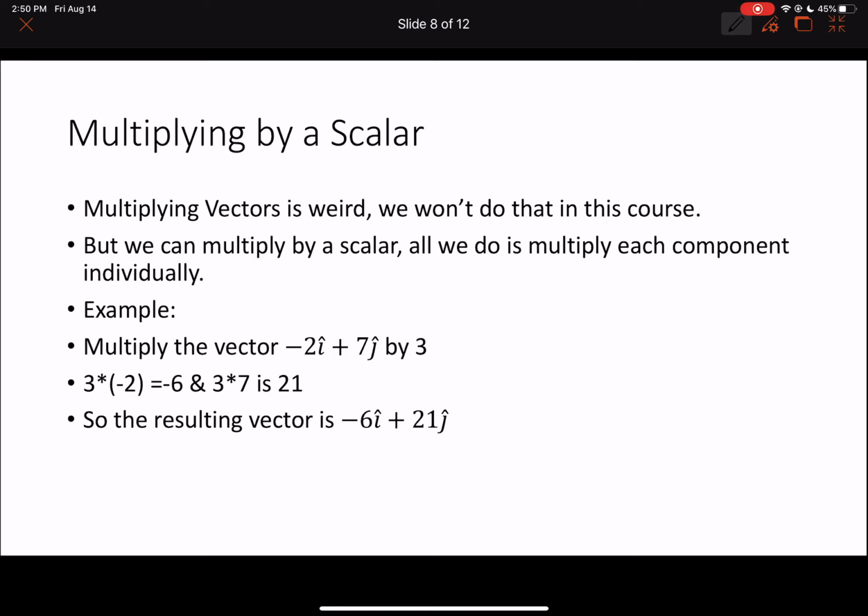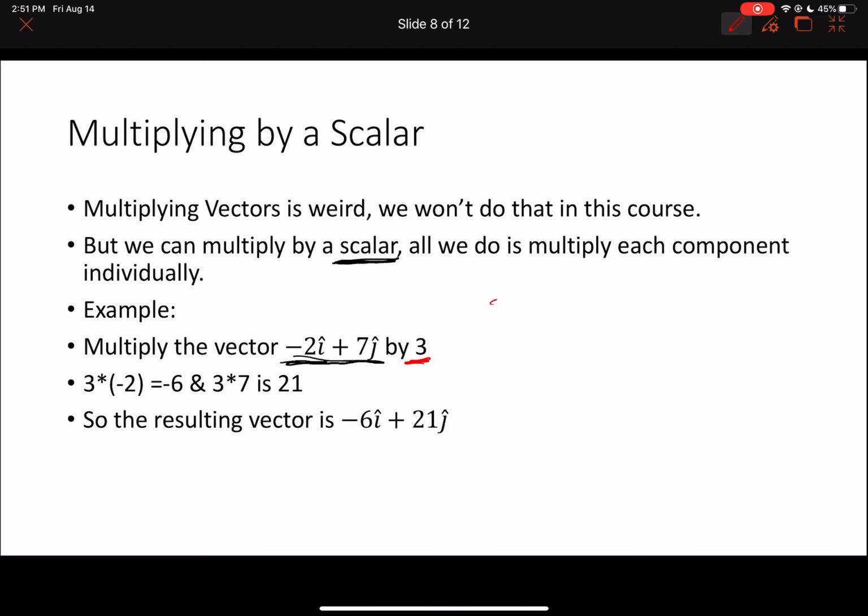But we will multiply by a scalar. Remember, a scalar is just a number. We're not multiplying by things with multiple components, just magnitudes. So for example, we can multiply this vector right here by 3.